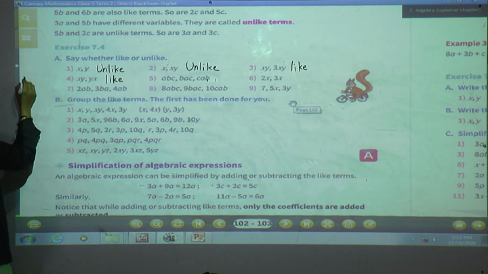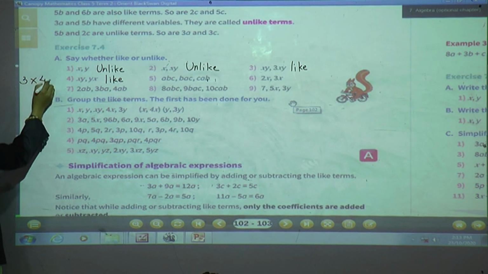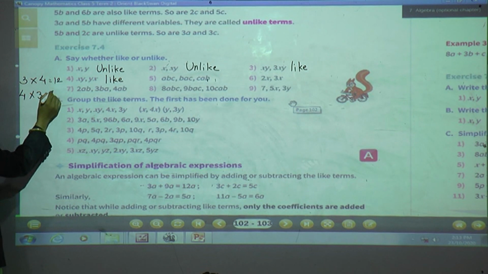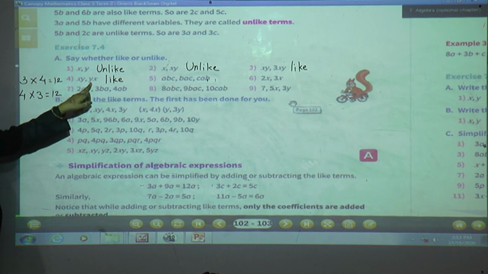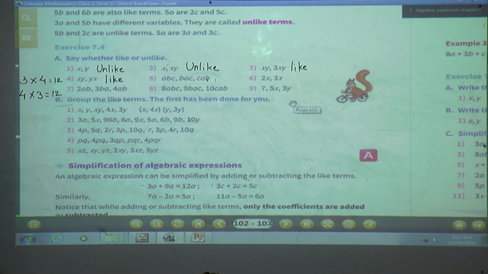That means if you multiply 3 and 4, you will get the answer 12. Again if you multiply 4 by 3 is equal to 12. Same as xy and yx. Okay, so fourth one also like term.